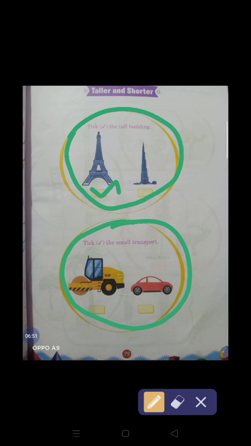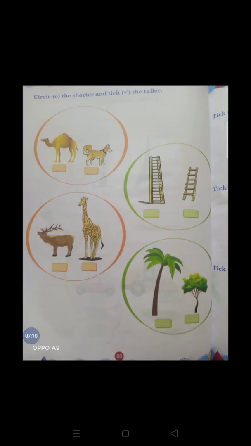You have to find and put a tick mark for the small transport. So this is called small. Small, big, tall, short, like that. Come to the next page, number 80.